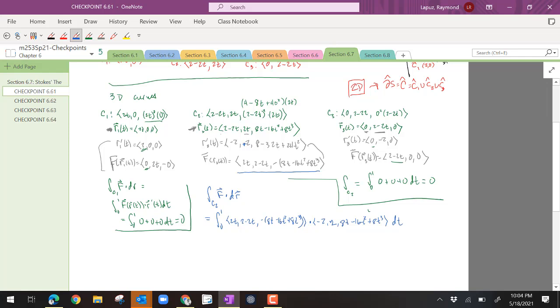All right, that's our integral. This is not difficult, but it is a little tedious, and you have to be meticulous with your algebra.